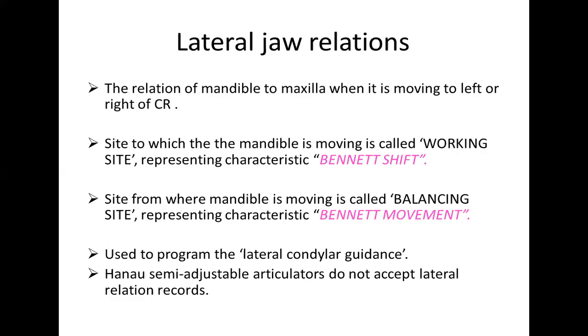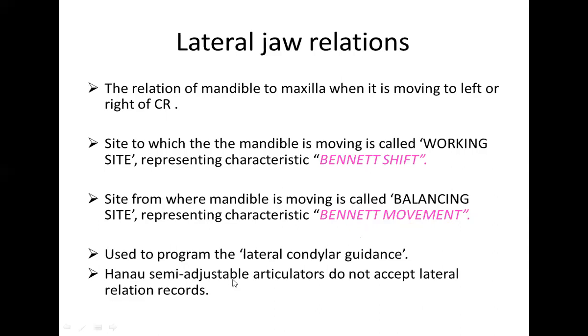That's why you are able to move to the left side. Otherwise, if your balancing condyle cannot move forward, downward and medially, you will not be able to move the jaw to the left side. On this side a complete downward, forward and medial movement is going on, so the balancing condyle movement is called Bennett movement.